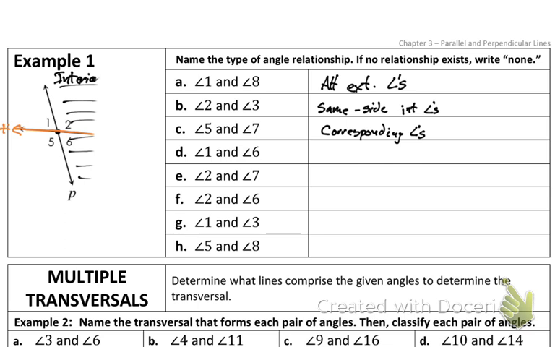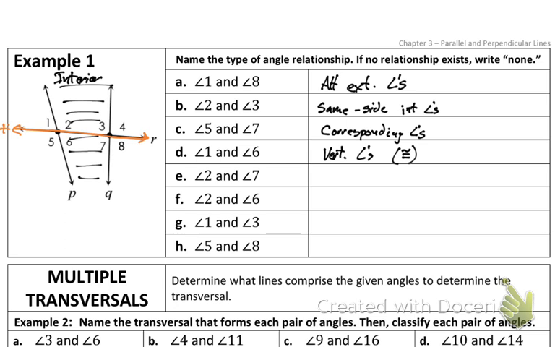It also means they are congruent. We have to know that vertical angles are congruent because we're going to get to things where I tell you that this is like 30 degrees and you have to go, oh, this one's also 30 degrees then. Okay, so those would be vertical angles, and I'm also thinking congruent, that they're equal to each other.